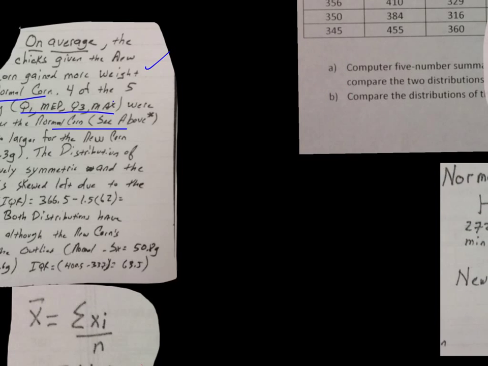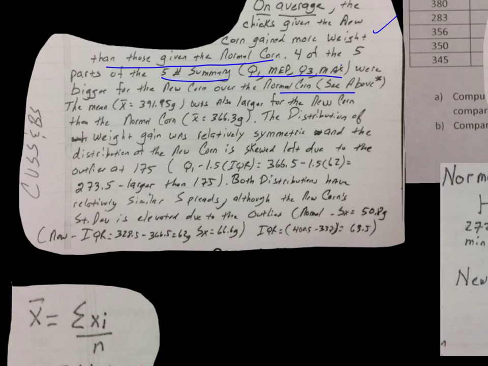All right, so now I'm going to drop this off for a second. Now let's see what else it has to say. Now it did say the average was also larger for the new corn than the normal corn. So the average went from 366.3 to 391. The distribution of the weight gain was relatively symmetric, and the distribution of the new corn is skewed to the left due to the outlier of 175.